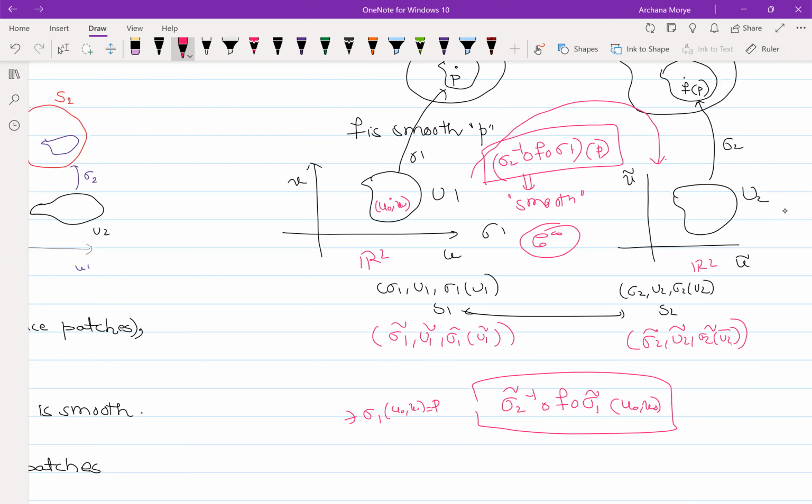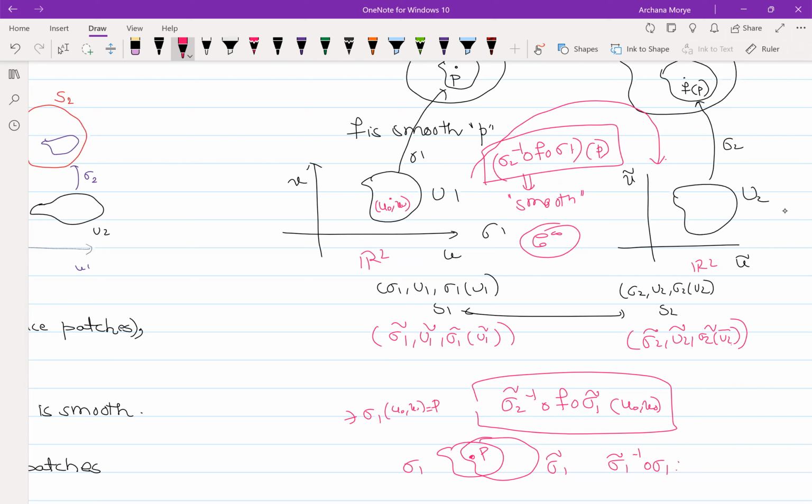Do you remember what the transition function was? If you have two surface patches for the same point P, one because of sigma 1, another because of sigma 1 tilde, then we have sigma 1 composed with sigma 1 tilde.